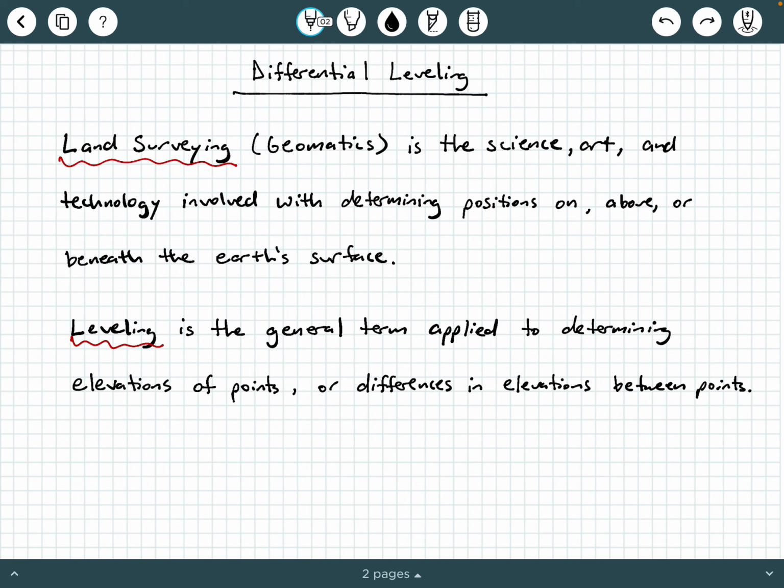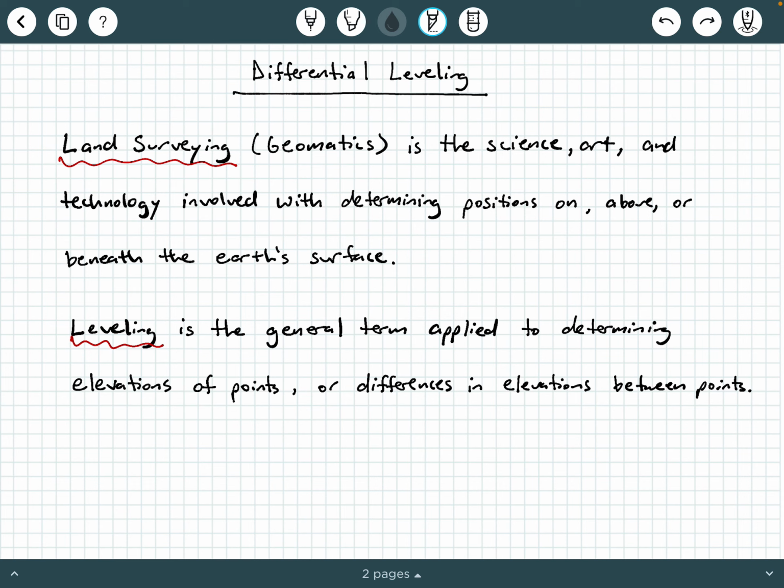But before we do that, I want to provide a little bit of background information and definitions on land surveying for those of us who maybe aren't really experienced with this. So what is land surveying? Another word for land surveying that you may hear sometimes is geomatics. Basically, geomatics means measurement of the earth or measurement on the earth.